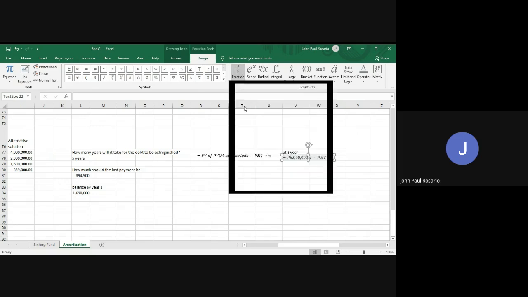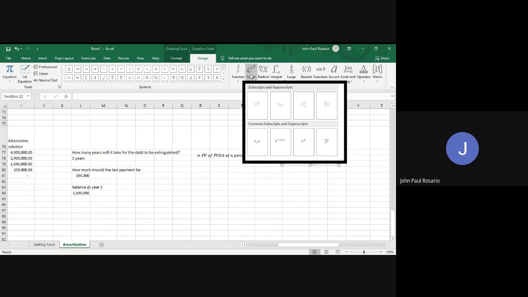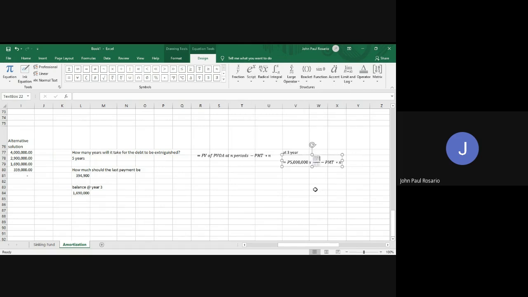Then that is correct. Let's just try this. Let's go crazy. So this is 1 plus I raised to the power of, how much is that? Negative 3 is man, this one over, and this is 1 plus 0.10.